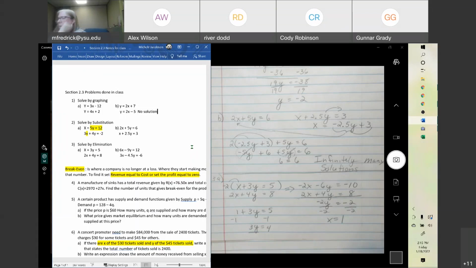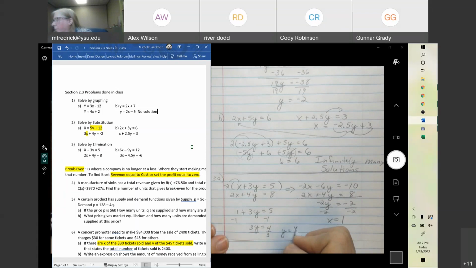For some reason, I don't remember having a fraction earlier. So x is 4/3. Any questions on that?